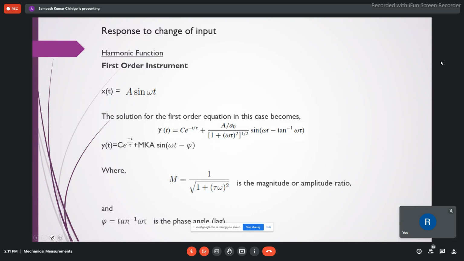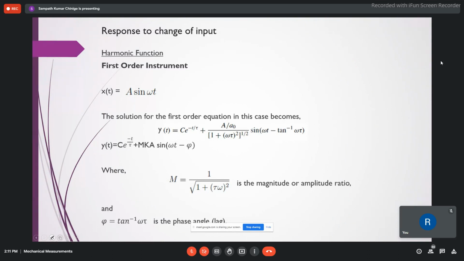Before going to that, any general dynamic system, dynamic in the sense that with respect to time it keeps on changing, we call it a dynamic system. Any measurement system which is capable of taking dynamic measurements, we will study the behavior of those systems using three components.